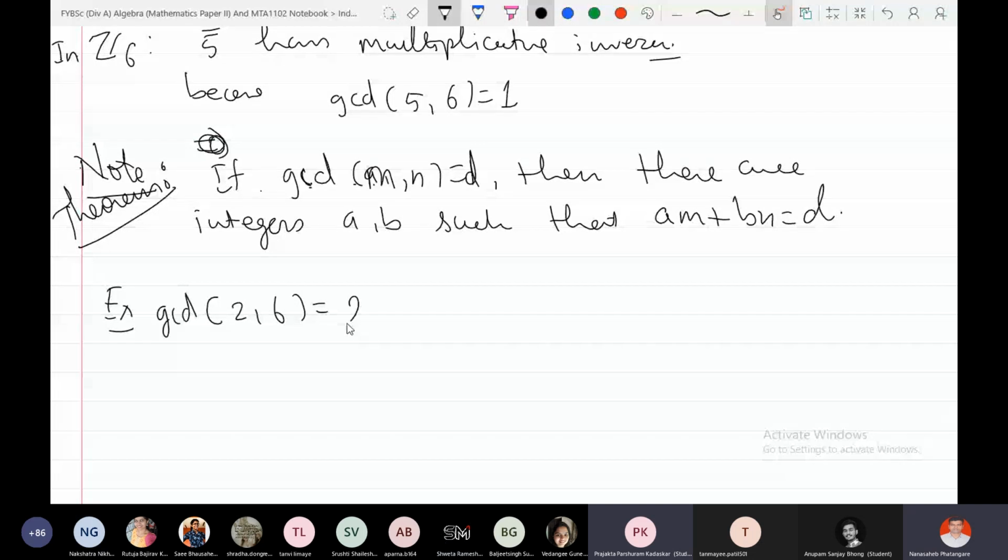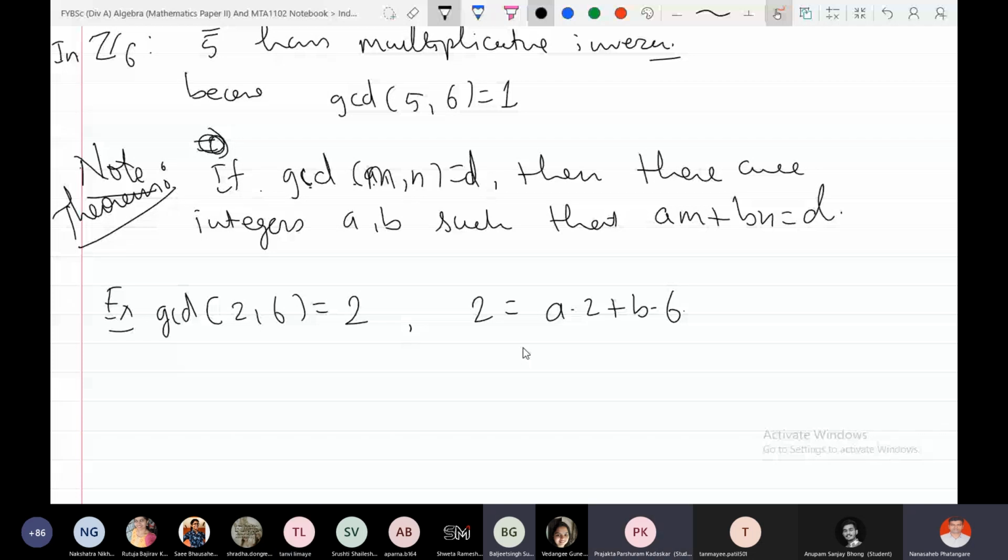Now can I write 2 as a combination of a times 2 plus b times 6? What is a and what is b? Is it possible to express 2 as a combination of 2 and 6?